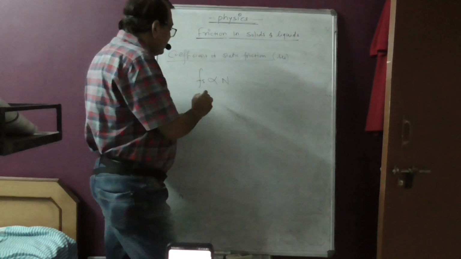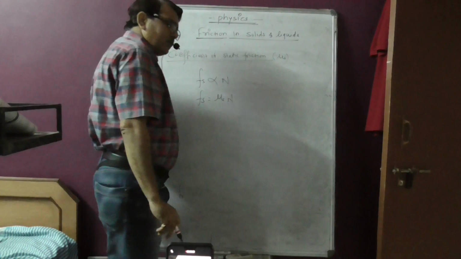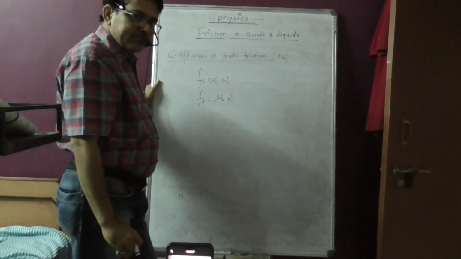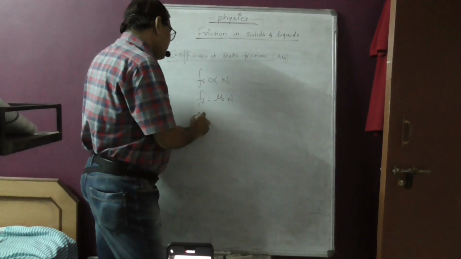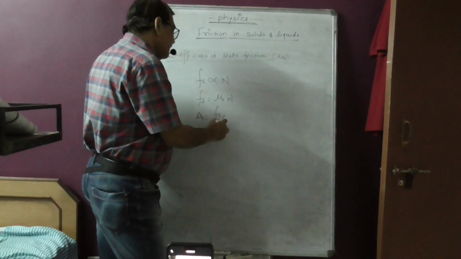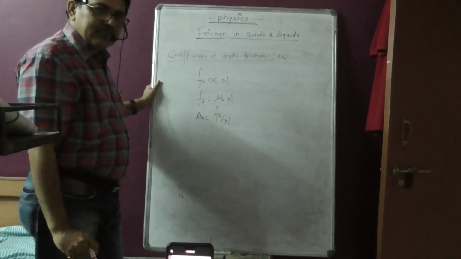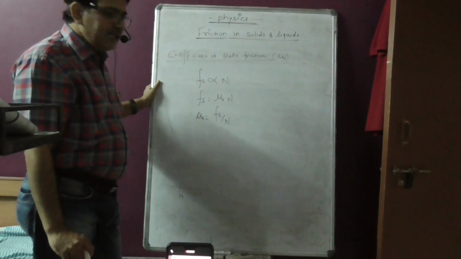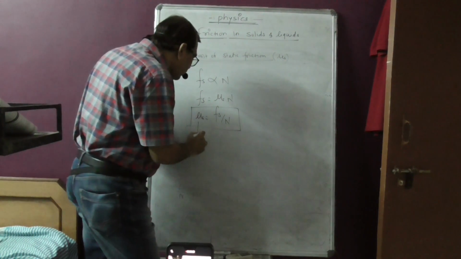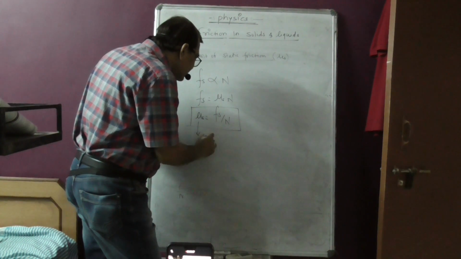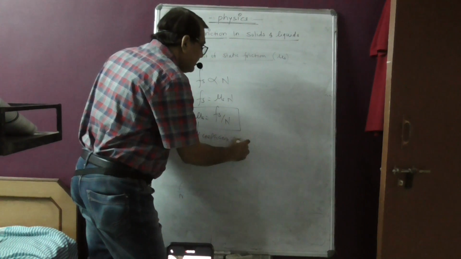So Fs is equal to mu s into N, where mu s is the coefficient of static friction. So the coefficient of static friction is equal to Fs upon N, the force of static friction divided by its normal reaction.